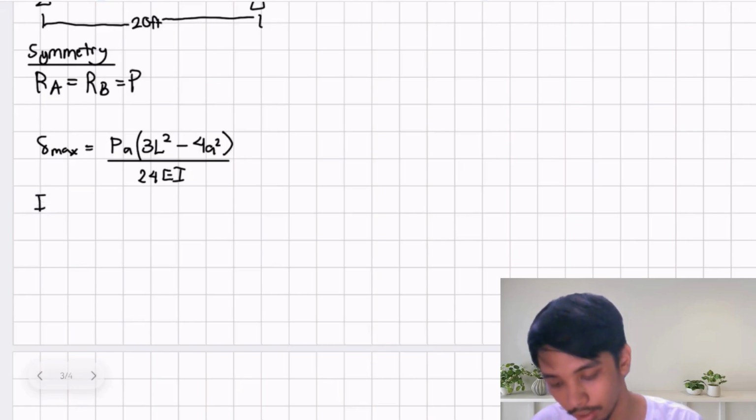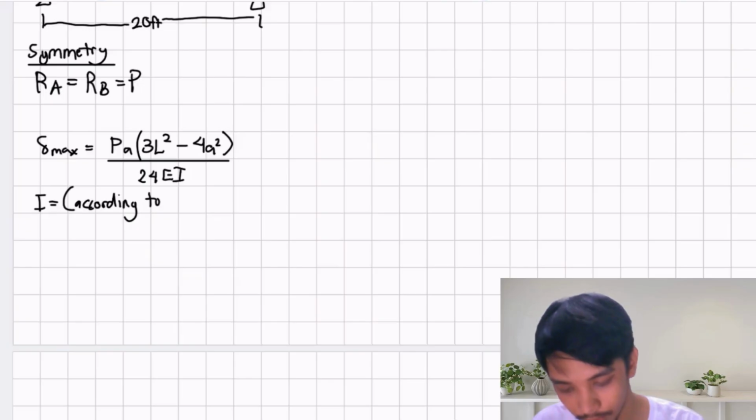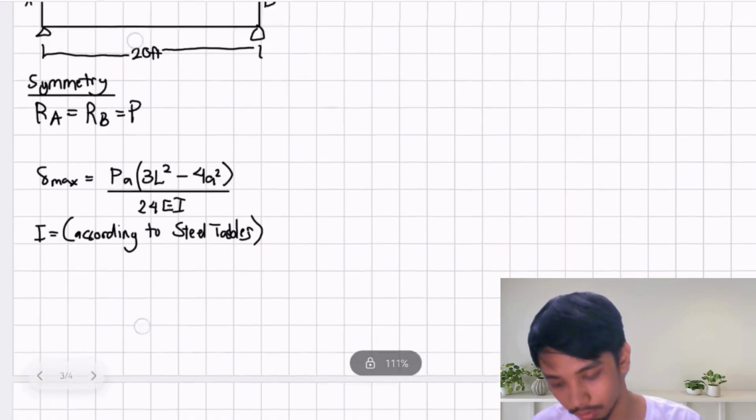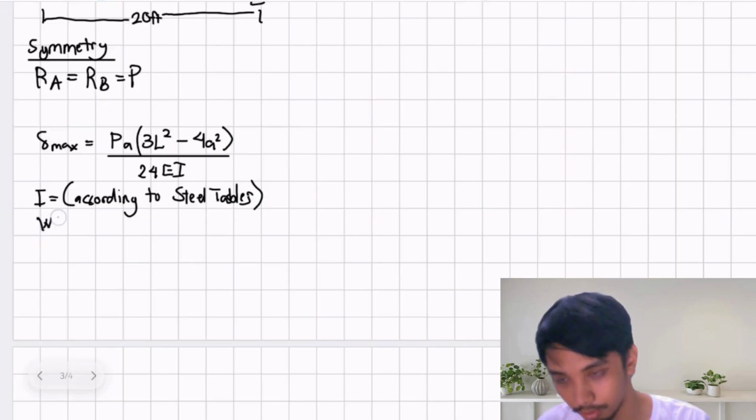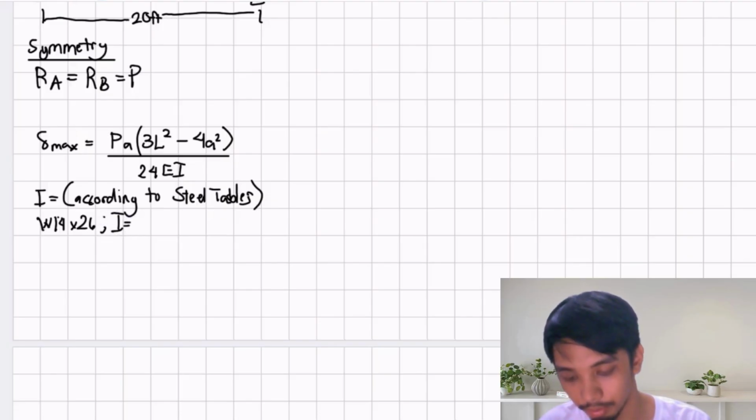The value of I, according to steel tables, for the W14/26 section, the moment of inertia, is equal to 245 inches to the fourth.